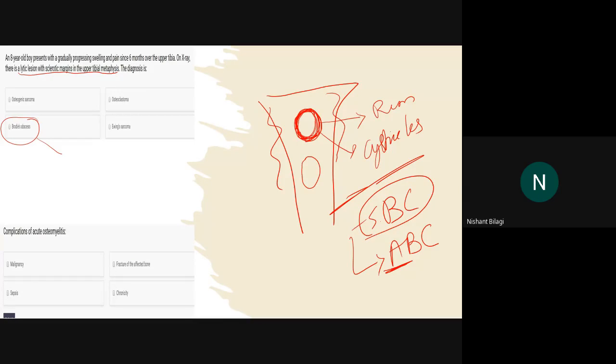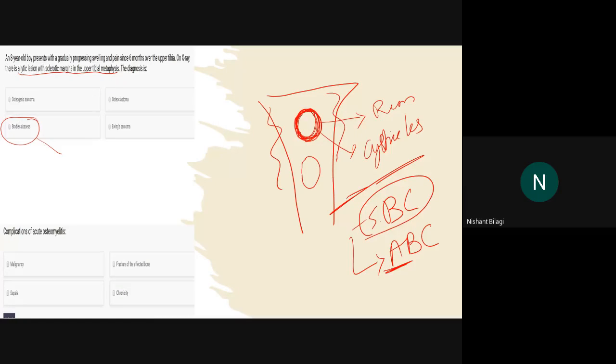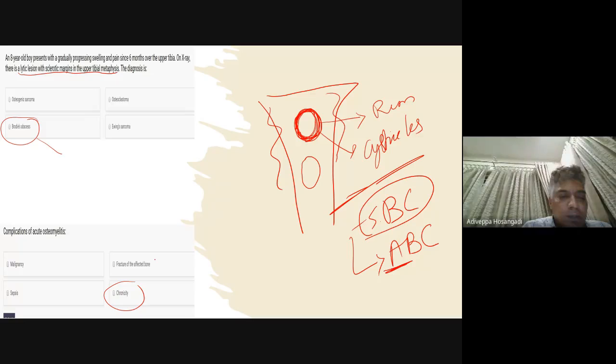Complications of osteomyelitis. Chronicity. Can there be a fracture? Maybe.